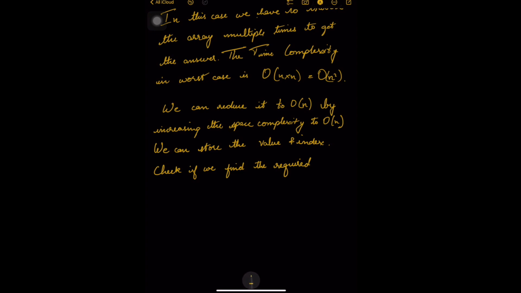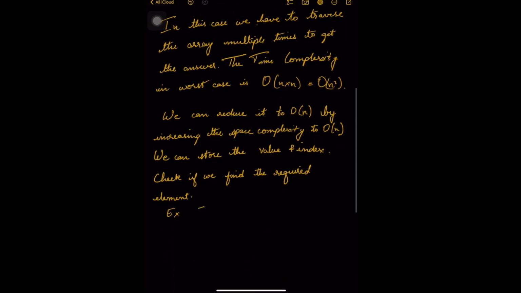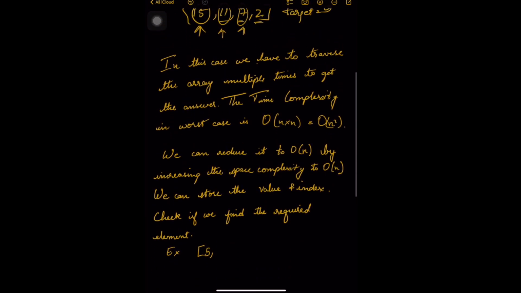So if we have the required element in the map, then we return it. Now let's just take an example. Assume we have a similar input array, where we have 5, 11, 7, 2. Let's say this is the input and the target is 9 again.